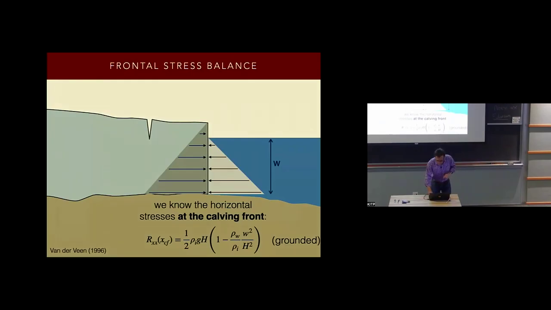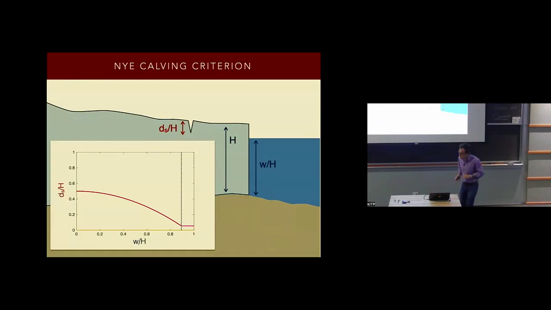Now, in this framework, the surface crevasses, okay, I'm going to show a lot of plots like this. So we have the relative water depth here from 0 to 1, the height is the thickness of the ice, and this is the relative depth of your surface crevasse.